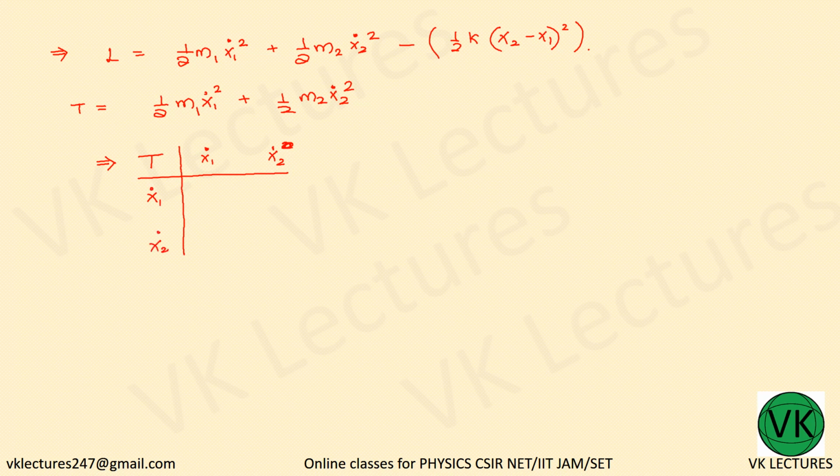The coefficient of x1 dot square is half m1, so half times m1.